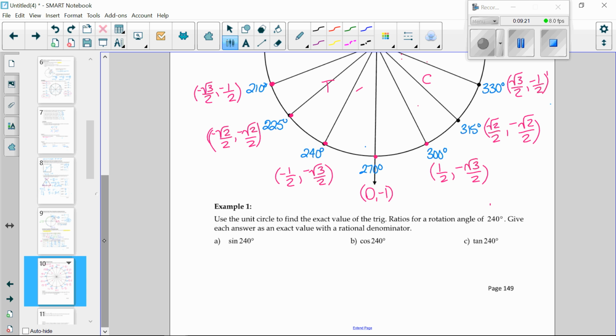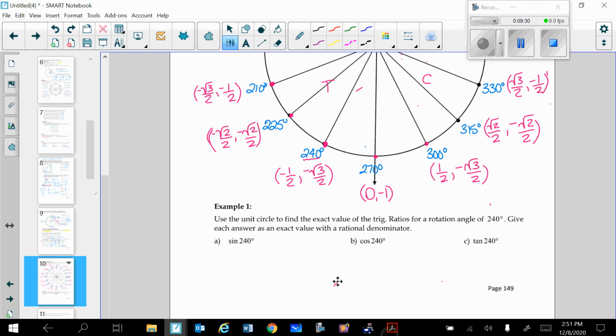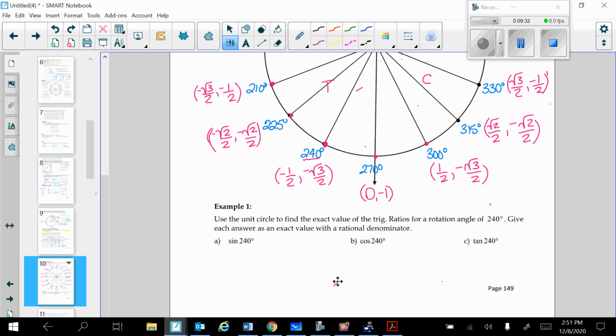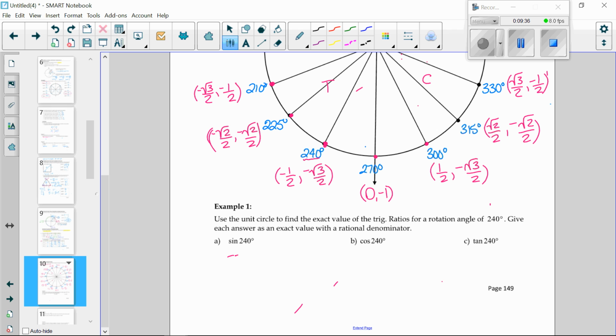So if we have sine 240 degrees, here's 240 degrees. Remember that our coordinates are written as cos and sine. So the sine of 240 degrees as an exact value is going to be negative root 3 over 2. Cosine of 240 is going to be negative 1 over 2.